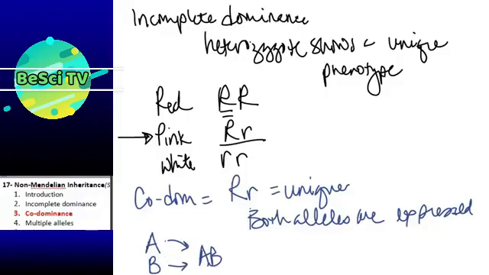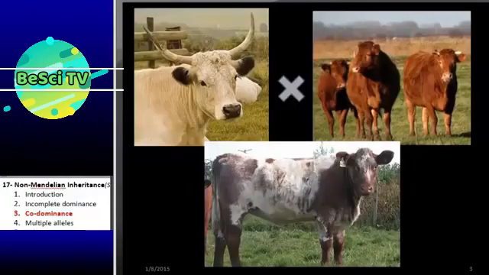Another example of this is cow color. There's a cow variety. Here's my pretty little white cow. Here's my pretty little red cow. You combine them together, you get a cow called a roan cow. And if you look closely, it's the expression of red cow bits and white cow bits.